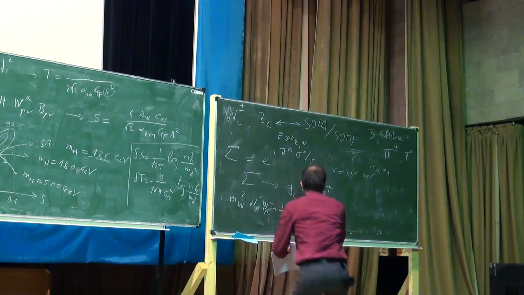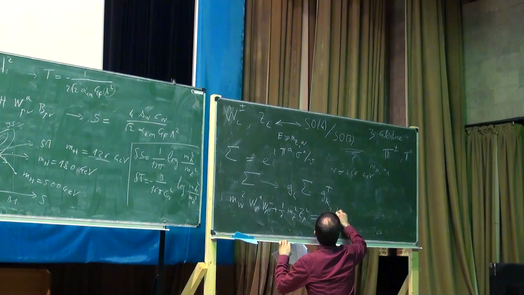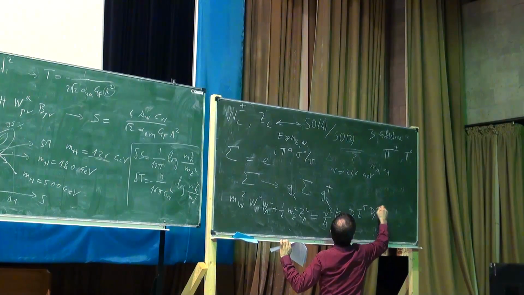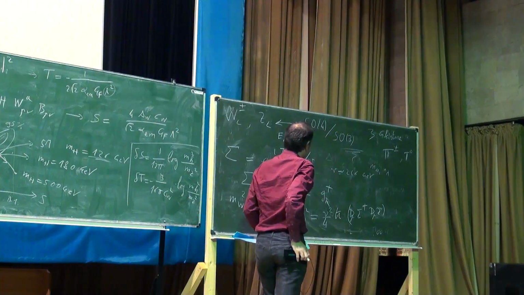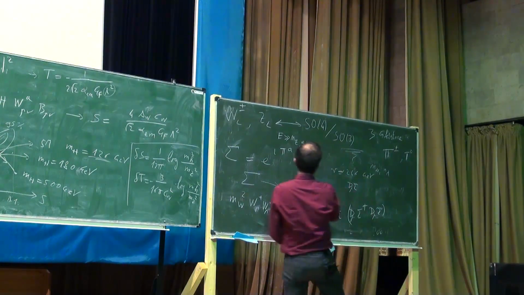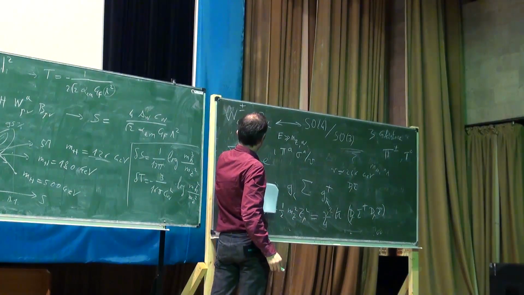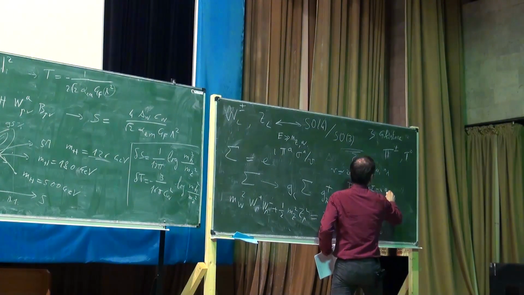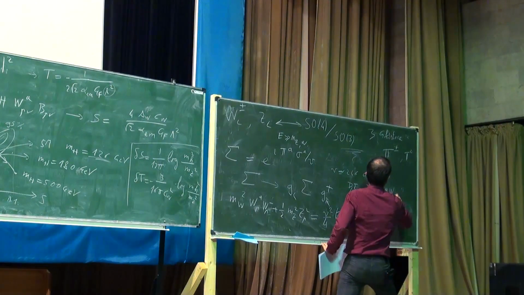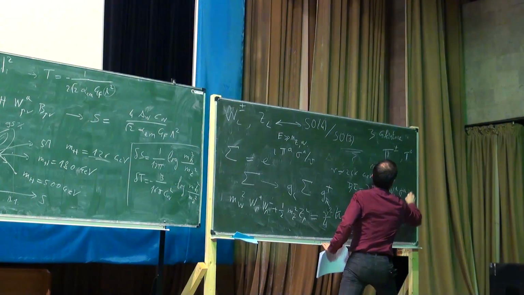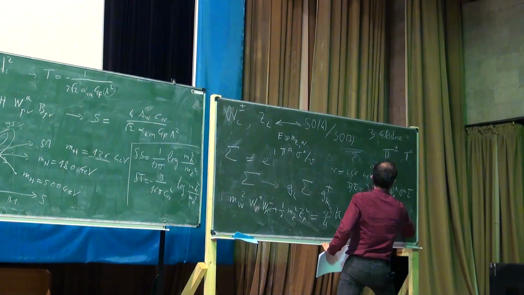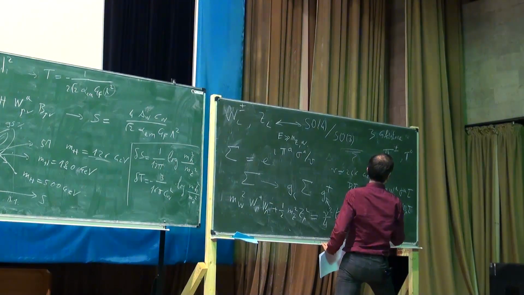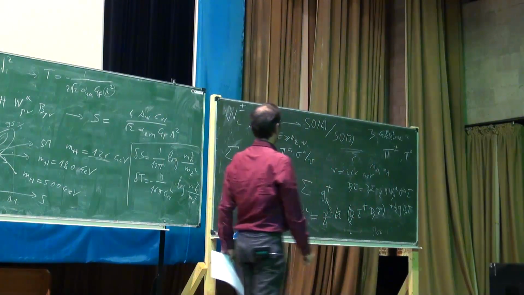We'll see that it is nothing else than v squared divided by 4, the trace of D_mu sigma dagger D^mu sigma, where D_mu sigma is a covariant derivative associated to sigma, so this is d_mu sigma minus i g divided by 2 W_mu^A sigma^A sigma plus i g prime divided by 2 B_mu sigma sigma^3.